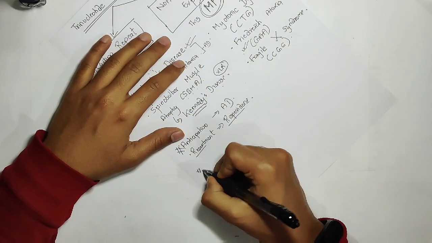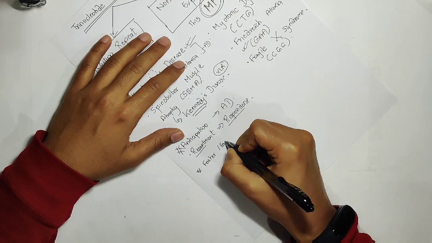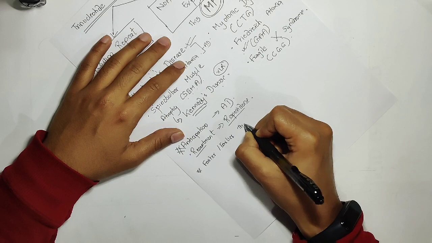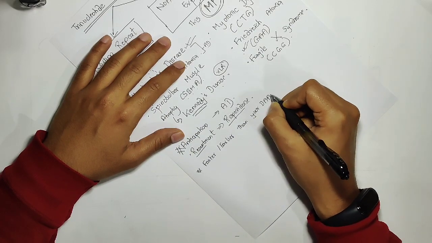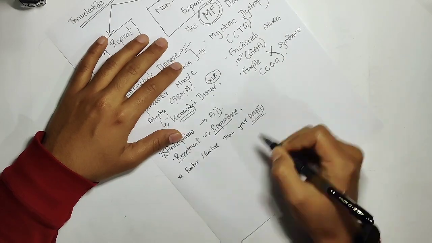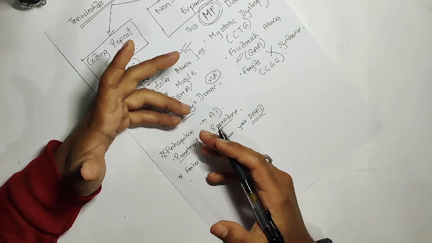It will occur faster or earlier than your dad. So this is DAAD, because you know that you are going to have Huntington's syndrome.